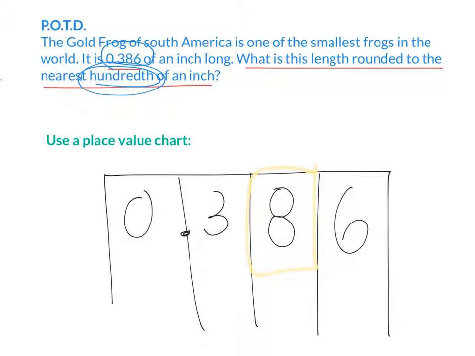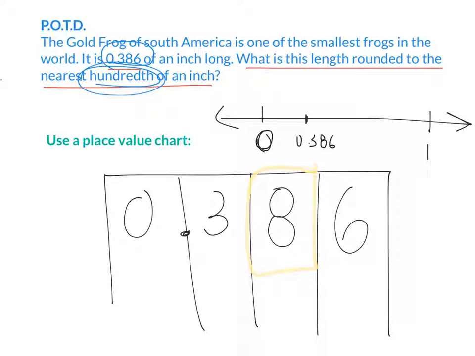On a number line, if I were to draw a number line, and this is 0, and this is 1, is 386 thousandths bigger than 1 or less than 1? Less than 1. And is it greater than 0 or less than 0? Greater. Okay, so 0.386 might be here, right? Okay.